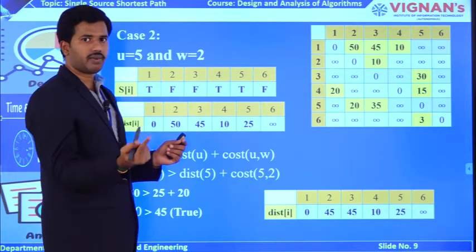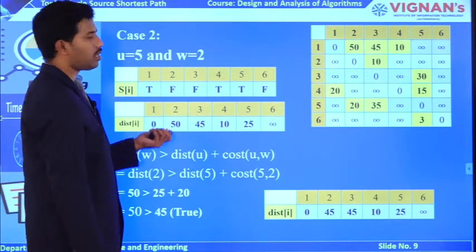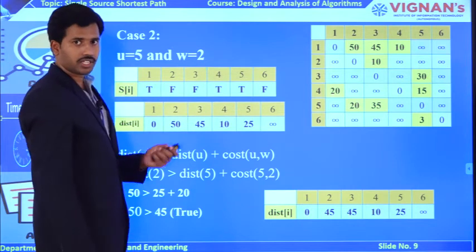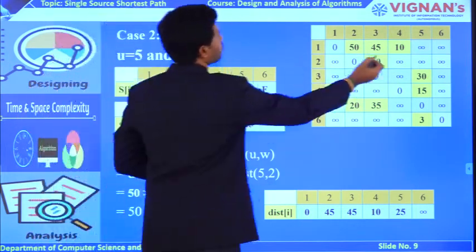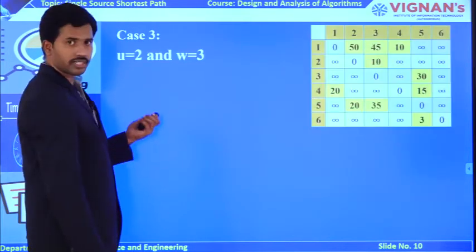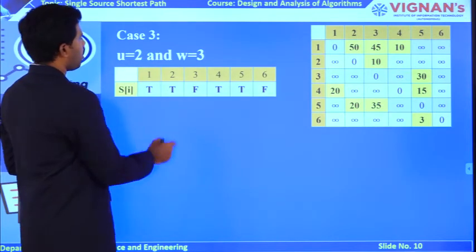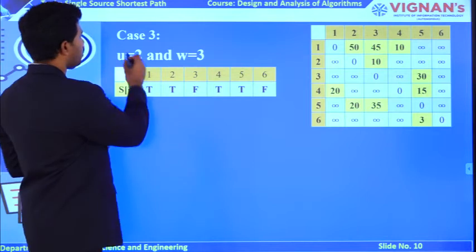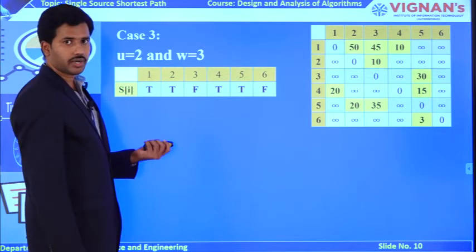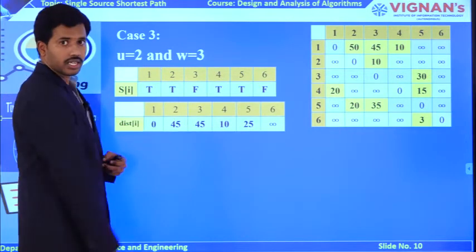If there is a single vertex, then that vertex becomes W. With this principle, you choose U as 2 for case number 3 and W as 3, like this. Now I am choosing U equal to 2, so I have changed the solution vector at index 2 to true. Previously it was false. Based on this, this is the output I got at case number 2.